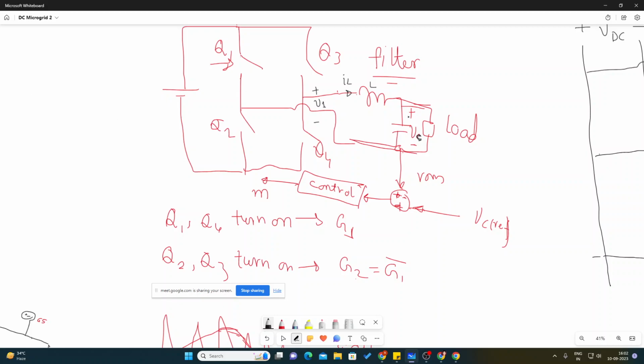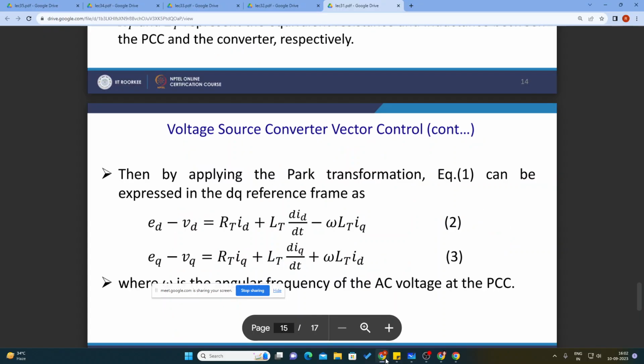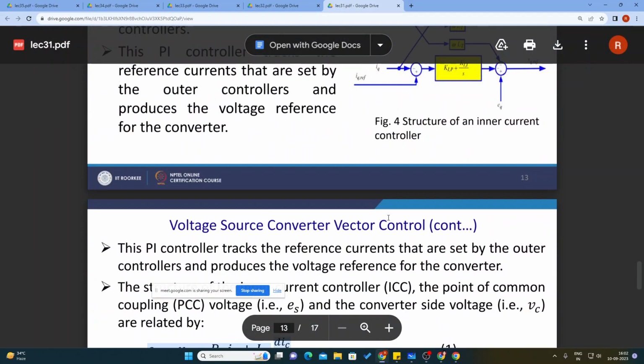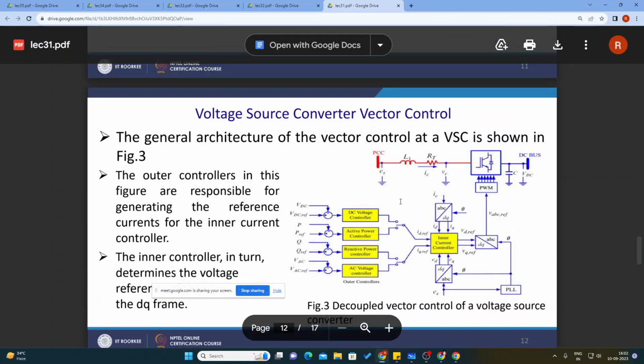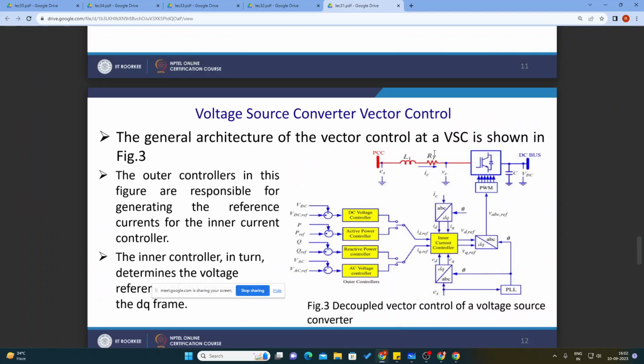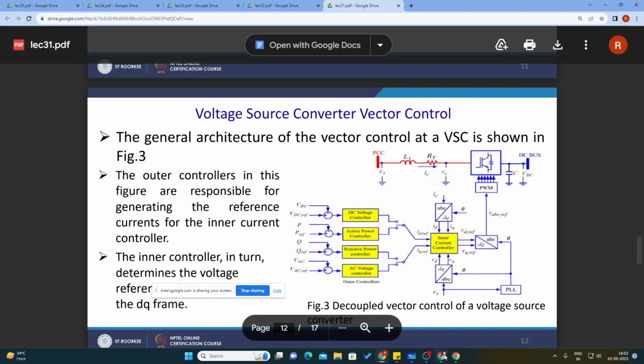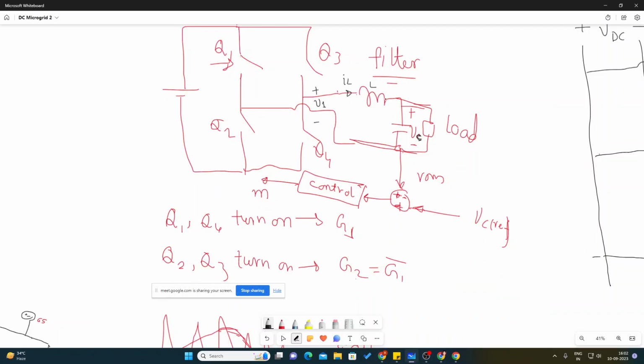There is no ideal inductor, so the L is also accompanied by a resistance, let's name it R. So let's write the expression: V1 minus Vc is equal to IL R plus L dIL by dt.